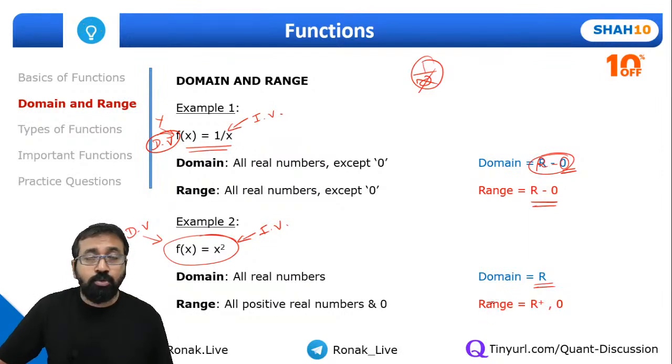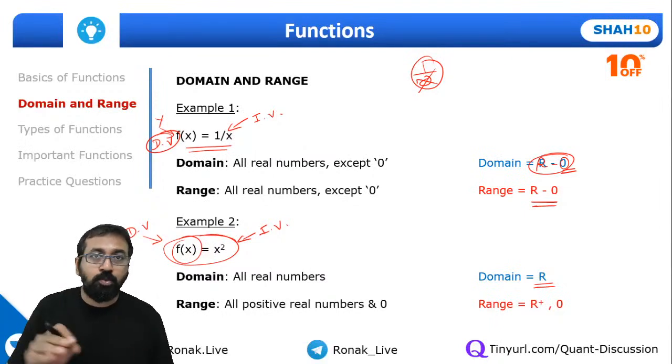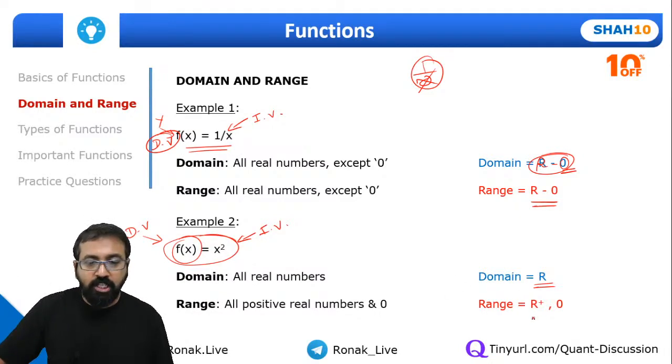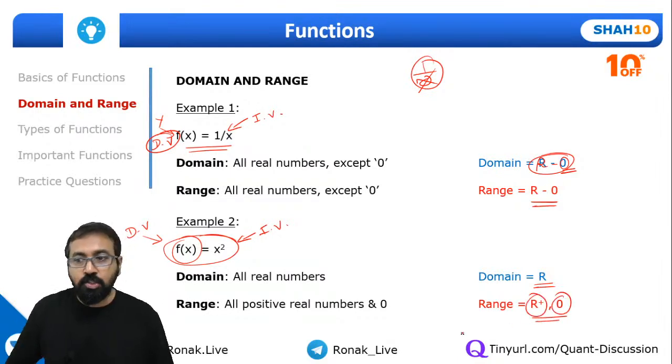But whatever value you take for x, ultimately you are going to get a value of f of x as 0 or a positive number, because f of x is given as x square. So if I replace x with any values, negative, 0, positive, the output will always be positive or 0. So the range over here is the set of all positive real numbers and 0, right? This is how you can define the range for this particular function. I'm sure all of you are pretty clear about this, right?